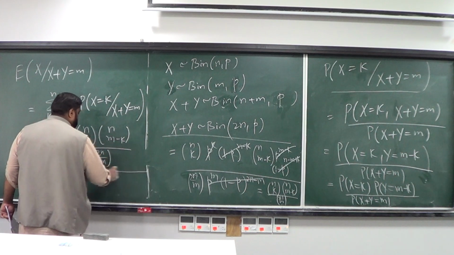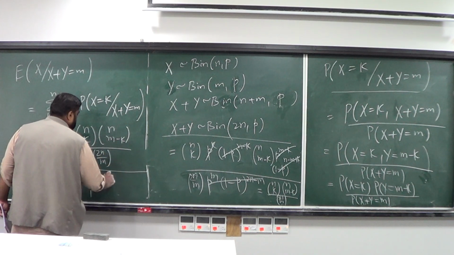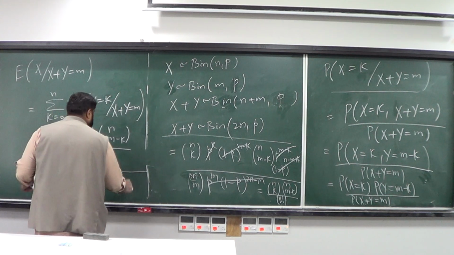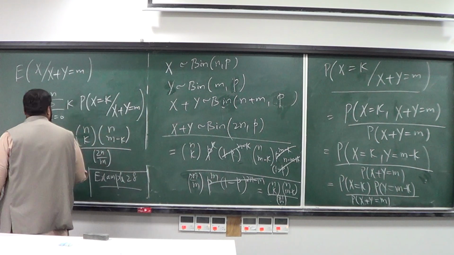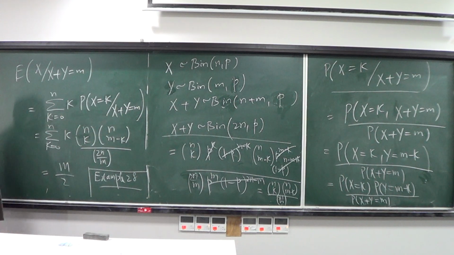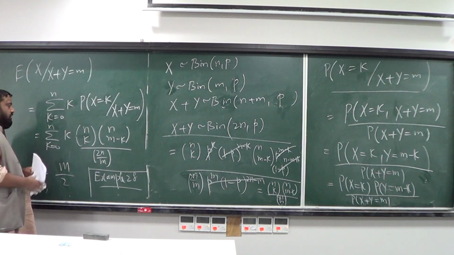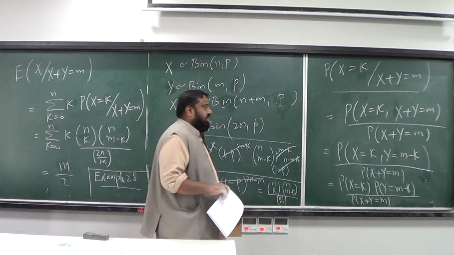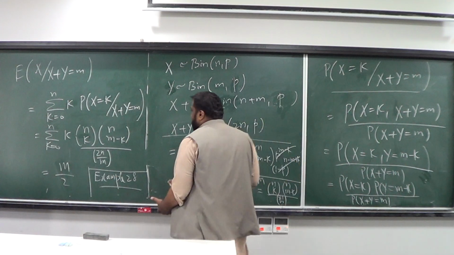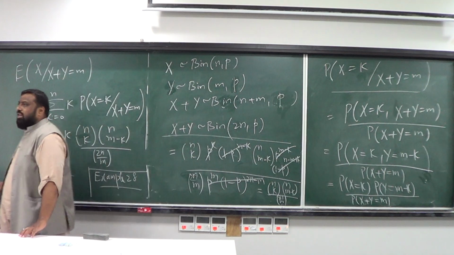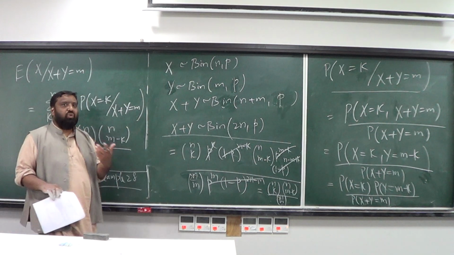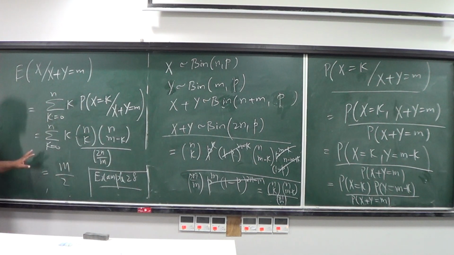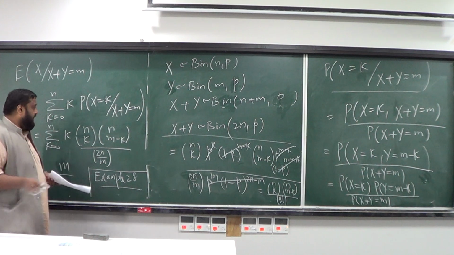If you have done, say, example 2g from this chapter, then you already have done this calculation. Otherwise, first try to do it for yourself. If not, go to example 2g in the book and try to make sense of this calculation. Just think carefully about it. Try to create a combinatorial argument or a story proof that this sum would be equal to m upon 2.